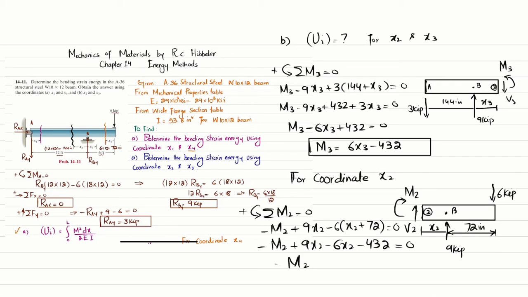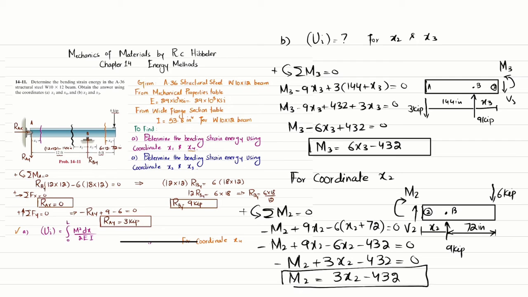So minus M2 plus 3x2 minus 432 is equal to 0. So M2 will be equal to 3x2 minus 432. This is the bending moment due to coordinate x2.